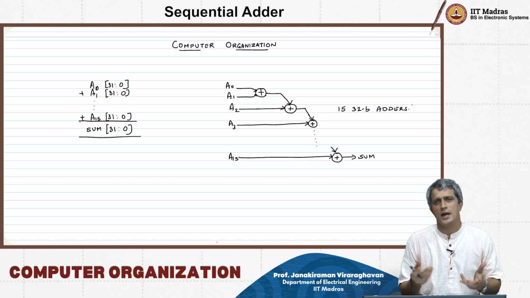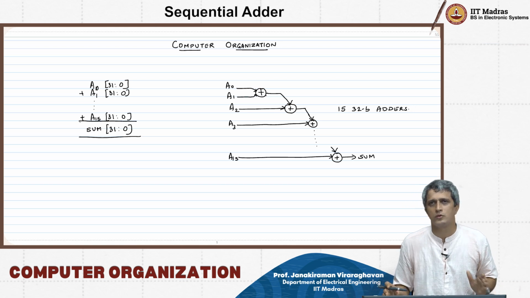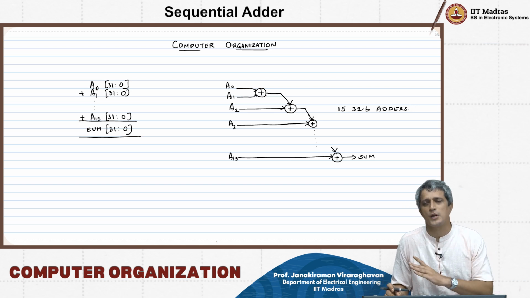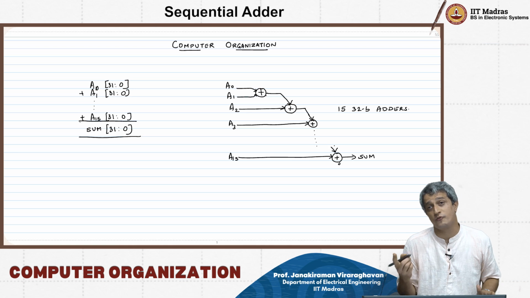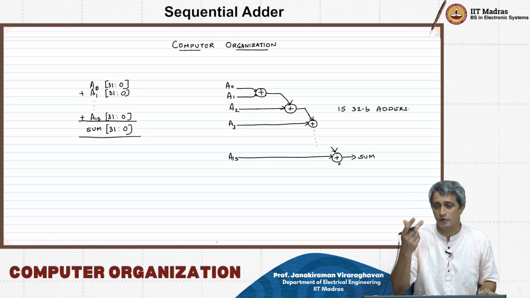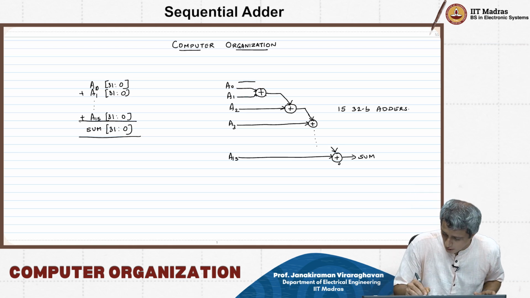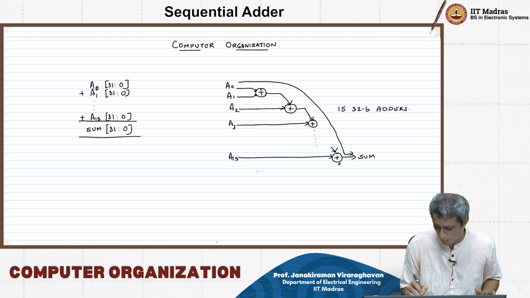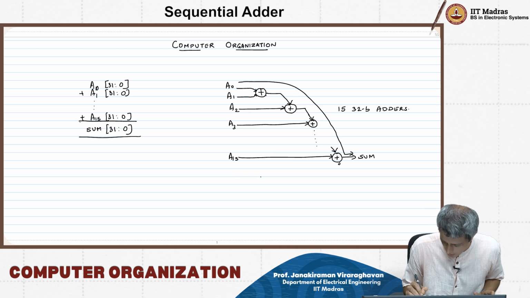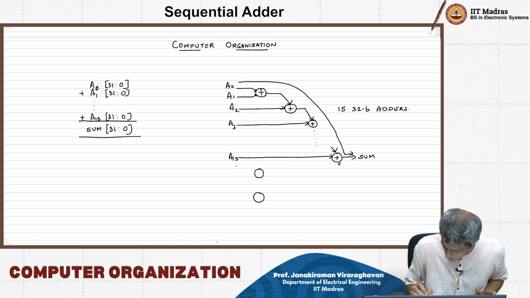Okay. And of course, we already know that if you do static timing analysis on that, the result of this adder depends on the arrival of the sum from the previous adder, which depends on the previous. So if you look at the critical path, it's going to go down like this, and that's going to be a very long path, and therefore you can optimize this whole addition operation a little more by doing something like this.